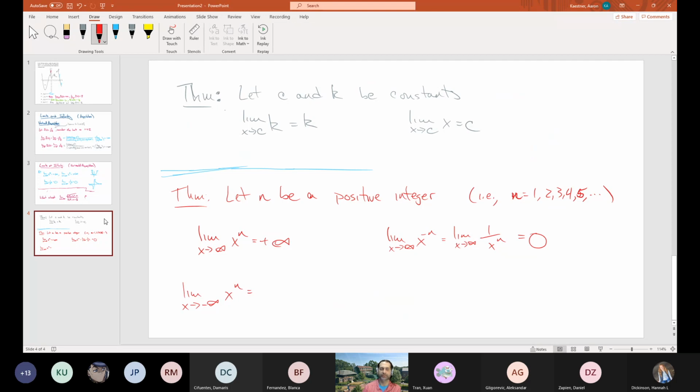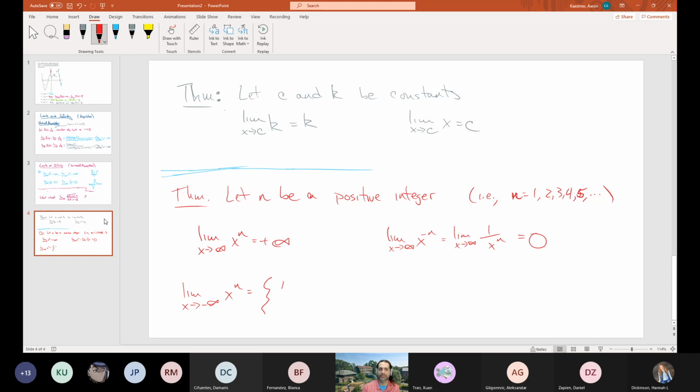But if I square it, I get back a big positive number. If I cube it, that's taking 3 negative numbers and multiplying them together. And I know if I multiply 3 negative numbers, I get back another negative number. So in this case, we have to be a little bit more careful and separate out our answer into 2 separate cases.